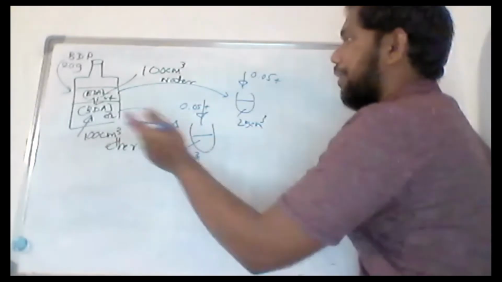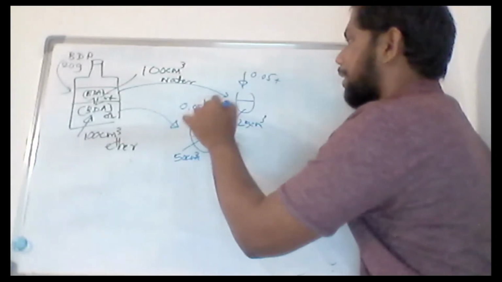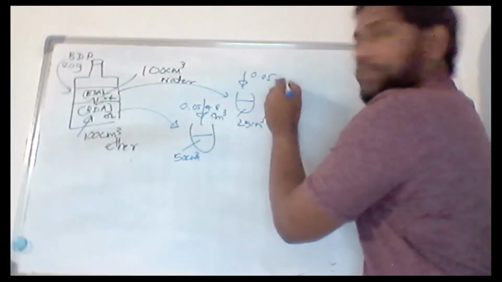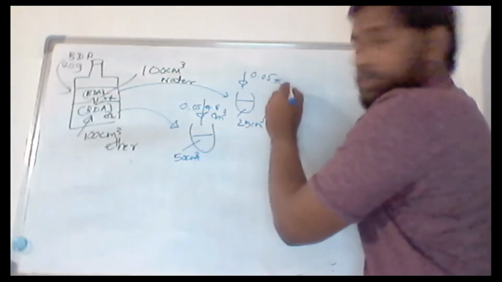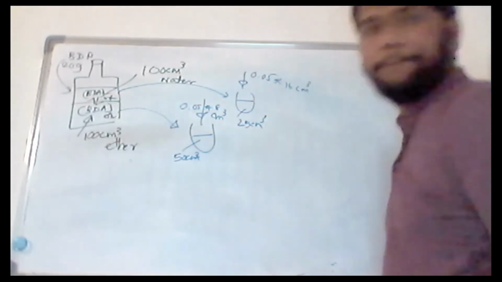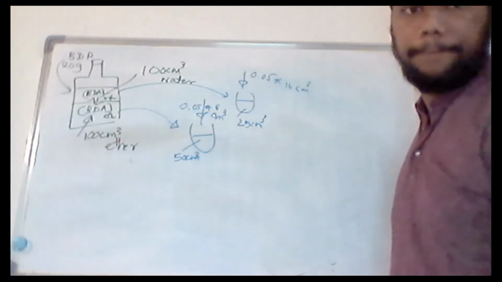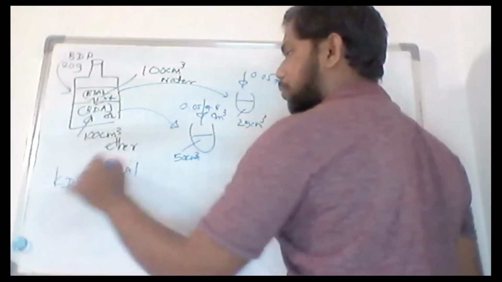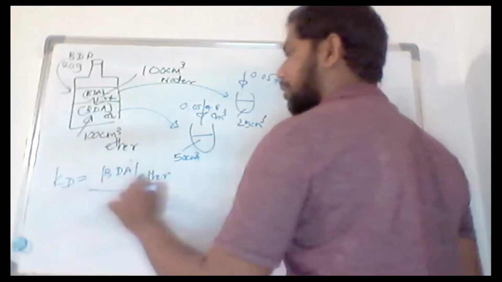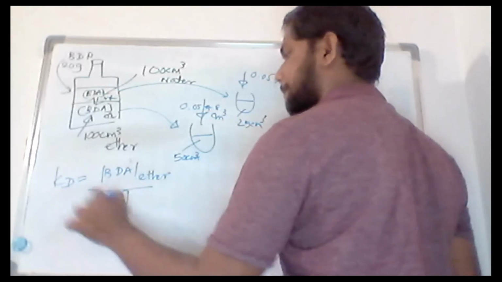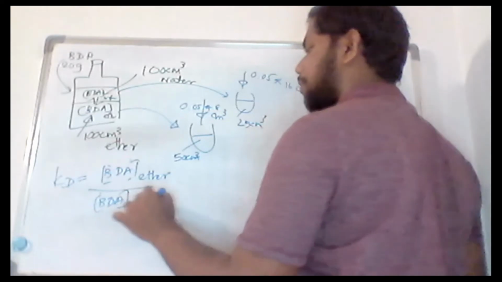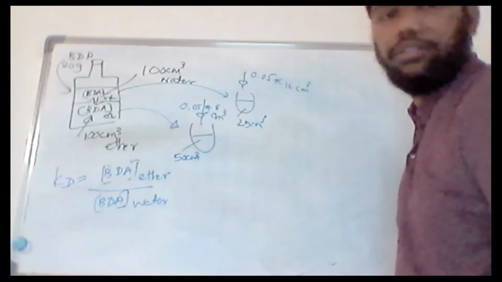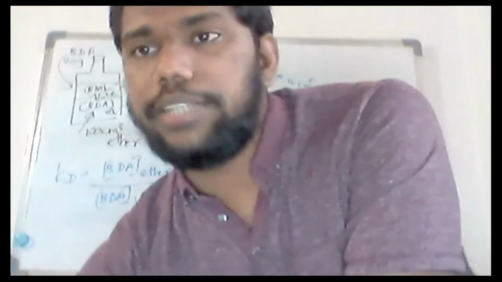For ether they required 4.8 cubic centimeter, and water requires 16 cubic centimeter. So you need to find Kd of BDA between ether and water. This is what they have mentioned in question number 1, so we will discuss that first.